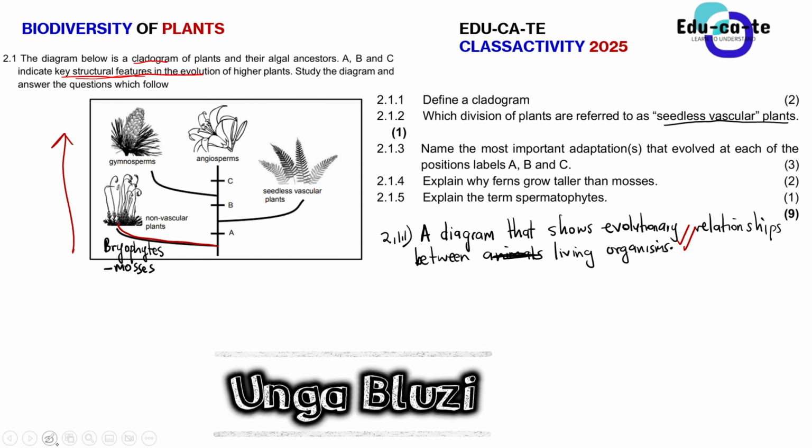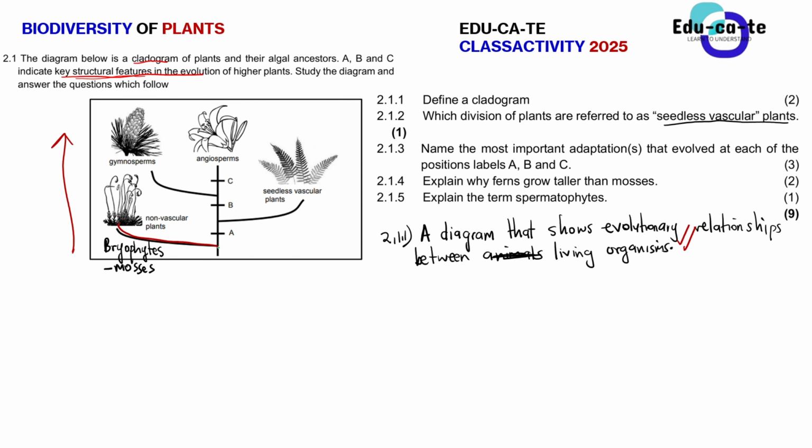And now, if we continue to the top with our phylogenetic tree, from these non-vascular plants we meet this adaptation A. A is a key structural feature in the evolution. So what has changed from bryophytes?